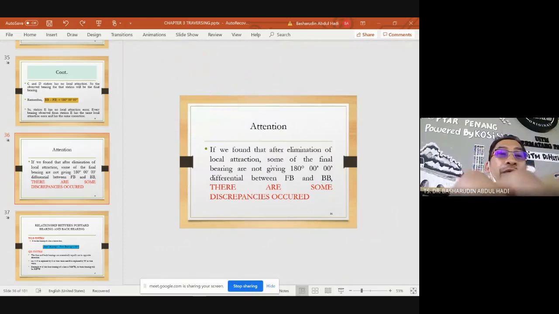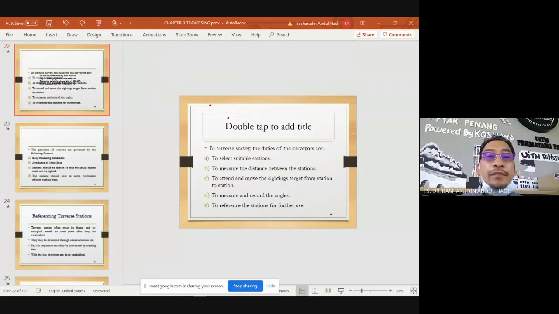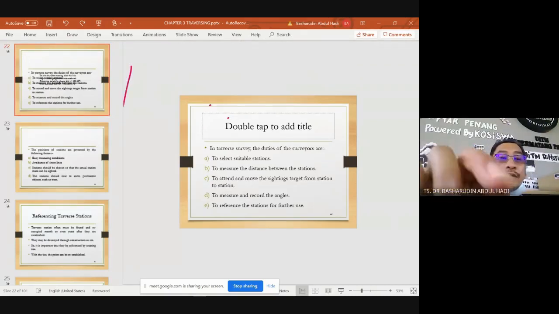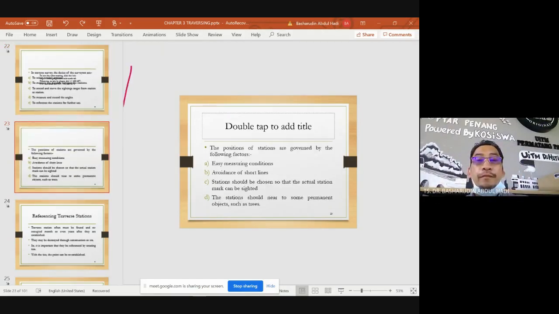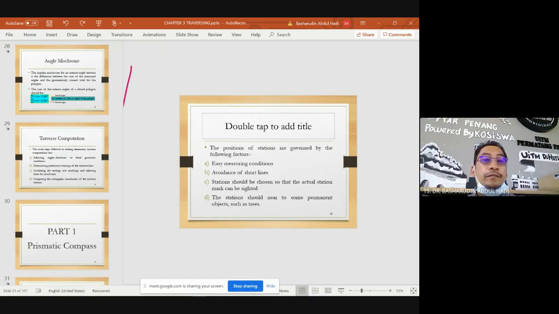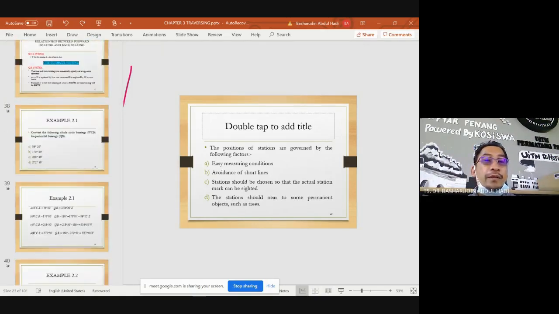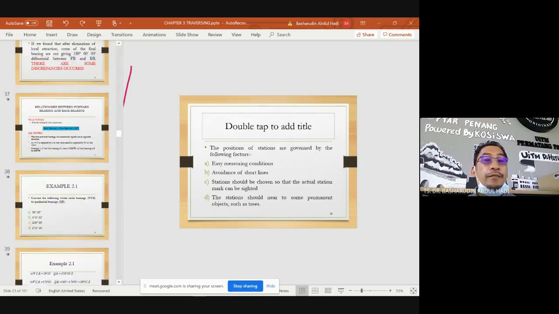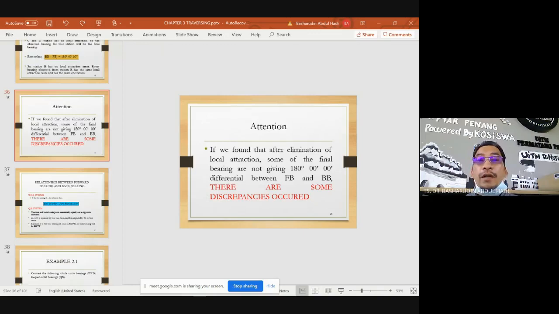If so mean that if you found this problem, where is it? Wow, we missed that point. We are in a slide number this one.